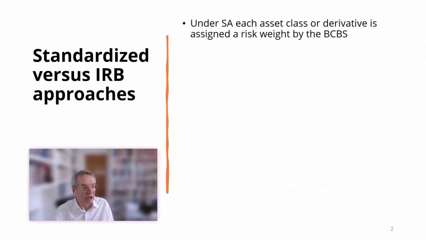So we've looked at the standardized approach for credit risk. Now let us do a comparison with the alternative approach, which is actually confined to only a subset of banks, those banks which the Basel Committee or the supervisors in each jurisdiction have given approval to use the internal ratings-based approach, or IRB. So under SA, each asset class or derivative is assigned a risk weighting by the Basel Committee.